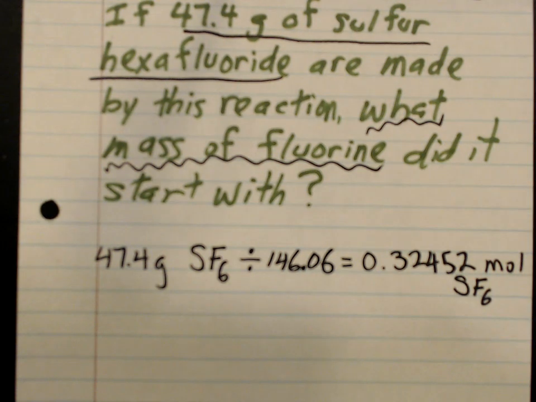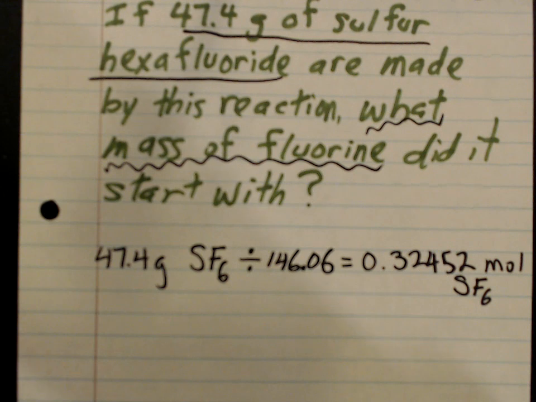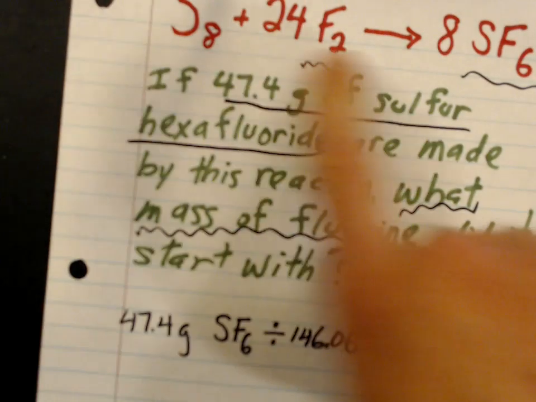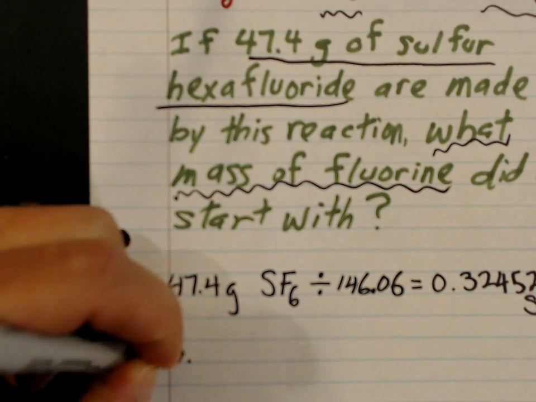Step 3 on the steps that I gave you. Take the moles of the given quantity and use it to determine moles of the unknown. This is where we need the coefficients from the balanced chemical equation. Okay, so let's now do that. Let's take these 0. Here, different color.